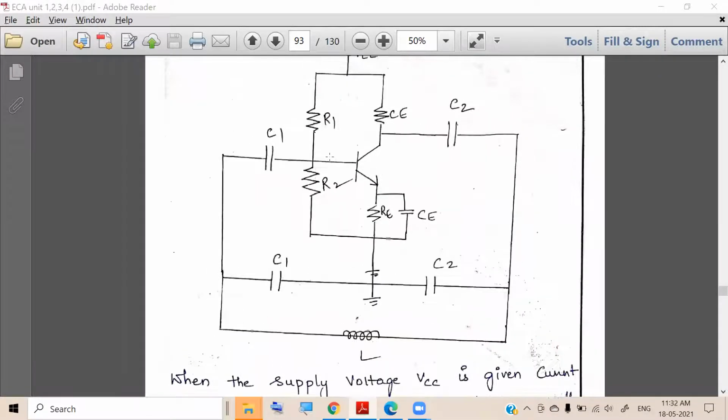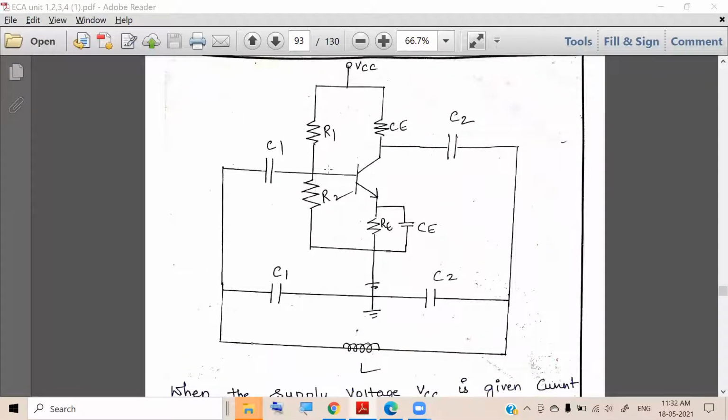As I told you, in the Colpitts oscillator this part is the same as the Hartley oscillator. In the Colpitts oscillator, we have two capacitors and one inductor.